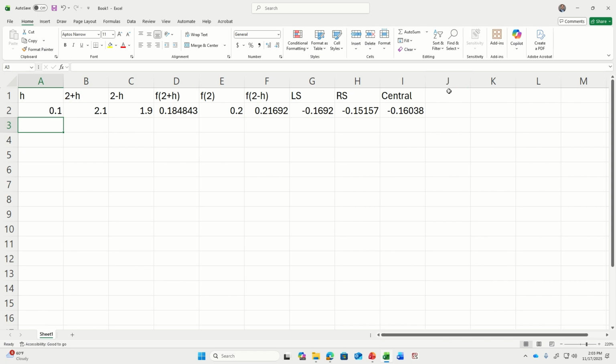And we have the exact approximations right now, but what we might want is the percent relative error of the left side, the percent relative error of the right side, and the percent relative error of the central.